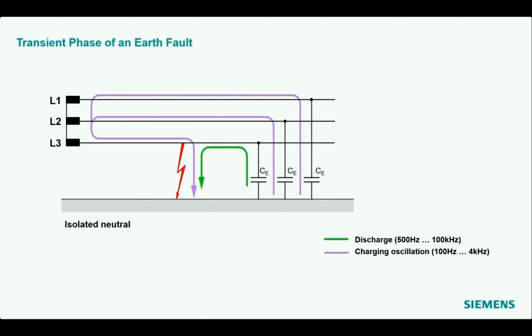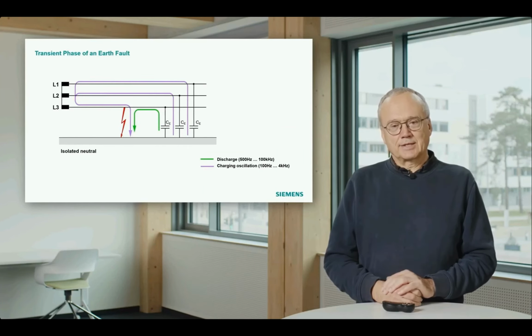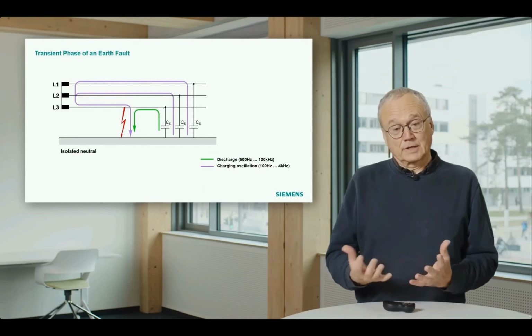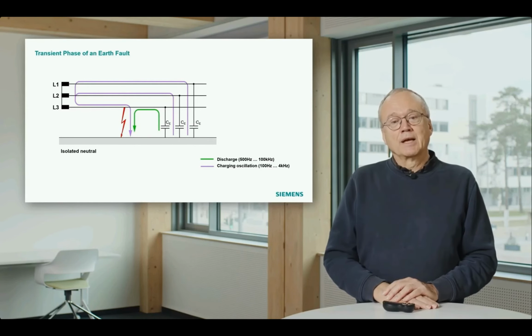It has a pretty high frequency. The frequency depends on the type of cable, or is it cable or overhead line, and on the size of the system. After this discharge oscillation has damped out, we have a charging oscillation.